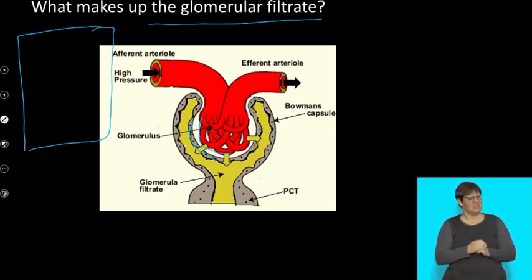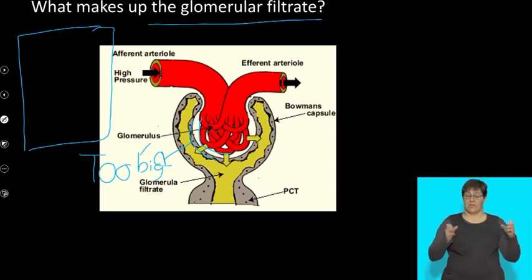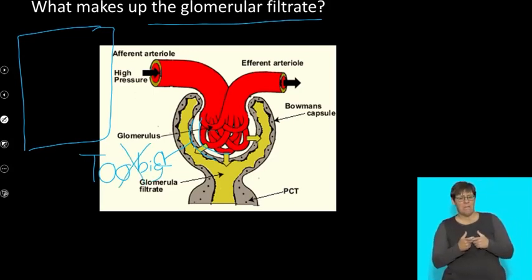What do I mean by size matters? Things that are too big. If you are too big, you cannot go through. Right? So if you are too large, you are not allowed to go through into the nephron.